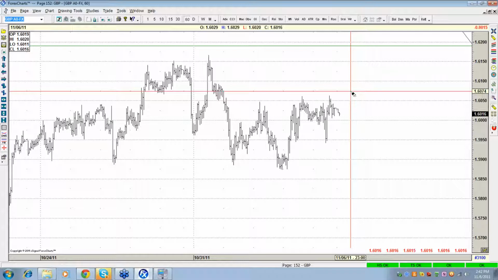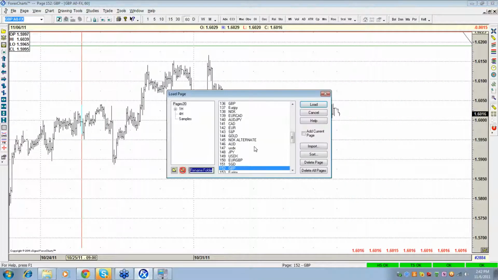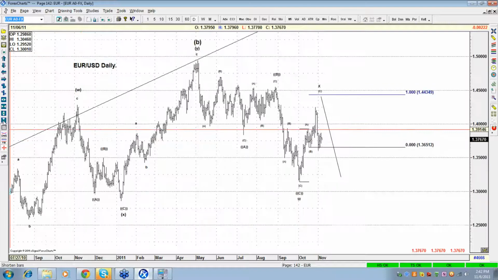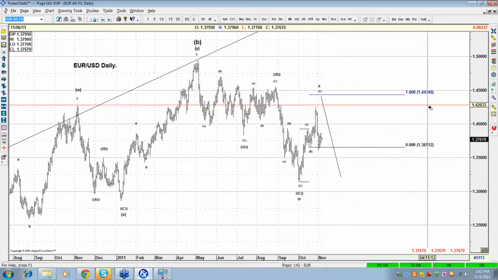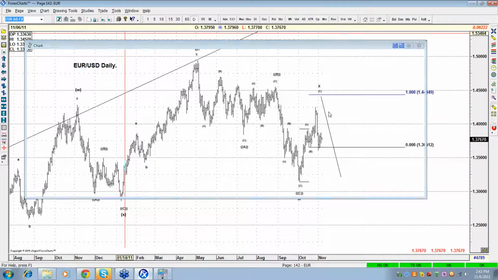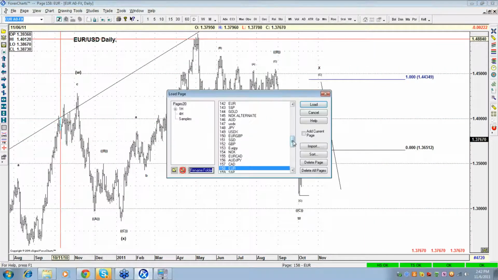But I believe that at the end of the day, there are more chances around the market that this scenario, like in the euro, is the one playing out. Let me see, 1 second.